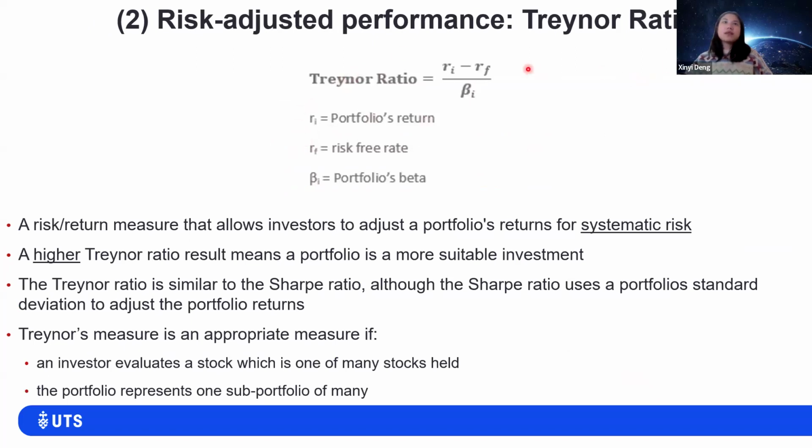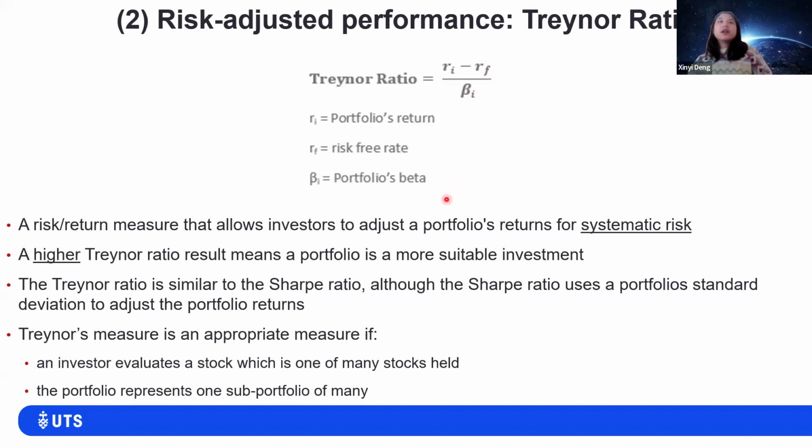Now onto the Treynor ratio. The Treynor ratio is calculated as the portfolio return minus the risk-free rate, divided by the portfolio beta. The Treynor ratio is the excess return per unit of systematic risk. Remember, beta is a representation of the systematic risk.